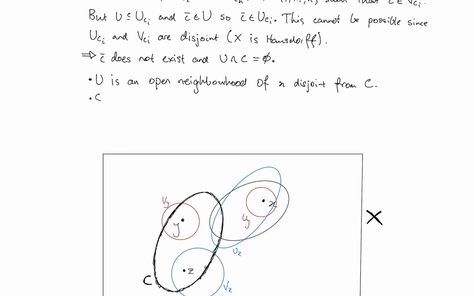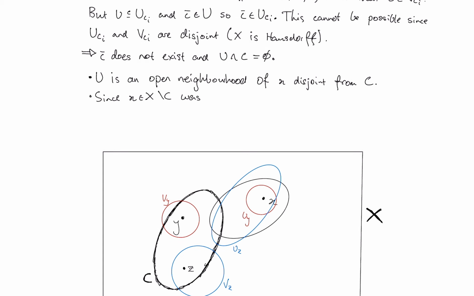So since X in the complement was arbitrarily chosen, we can repeat this process for all points in the complement.